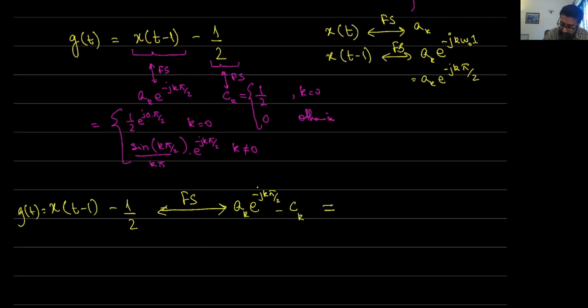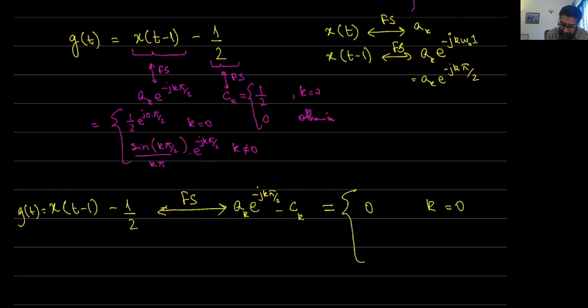This is going to be equal to 0 when k equals 0. And for k not equal to 0, what we see is that c_k's are zeros, and the Fourier coefficients of these are just this.